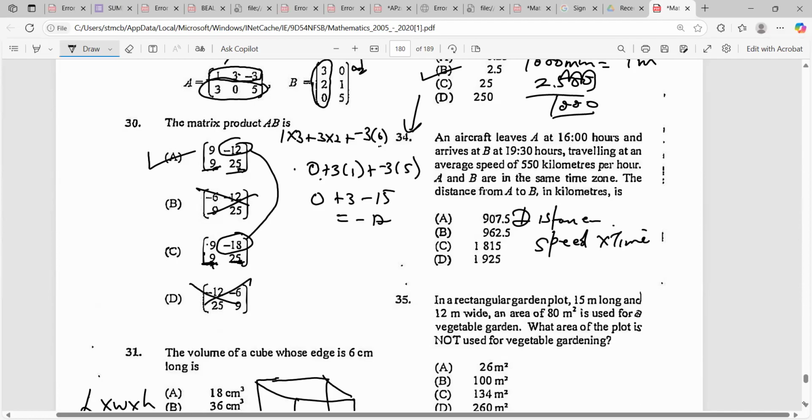So I have to work out how many hours. Alright, 16 to 19, that's 3.5 hours. 16 to 17 is 1, to 18, to 19.5. So 3.5. So 550 times 3.5.